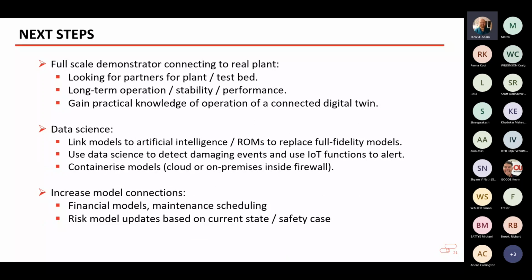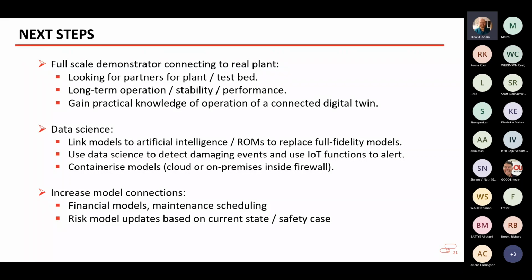So where are we going to go next? Well, we want to do all of this, but actually do it on a real thing. So we're looking for partners to do that with. We've had quite a bit of interest from the new build side of things, but for anybody listening who would like us to try this out on their kit, please get in touch, because there are long-term operation stability and performance issues.